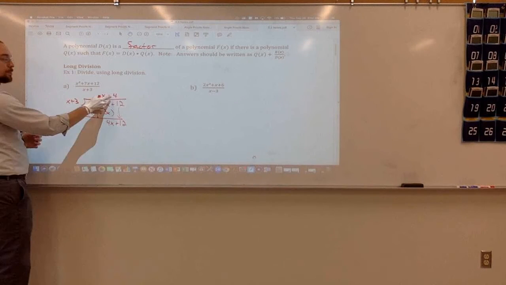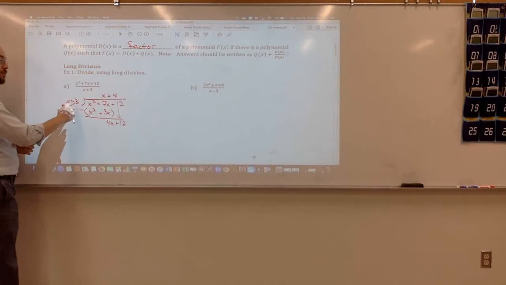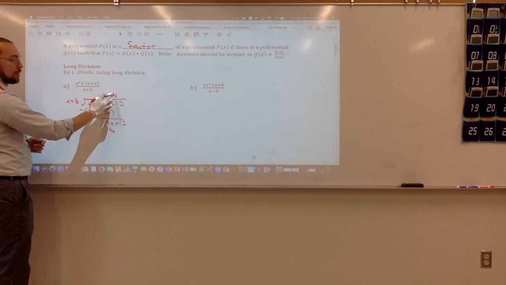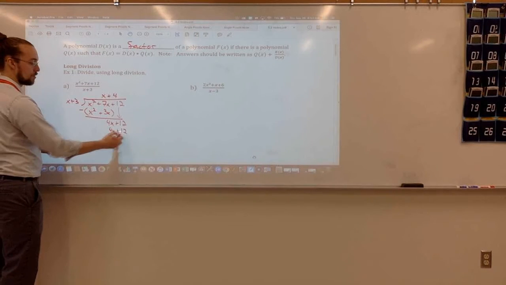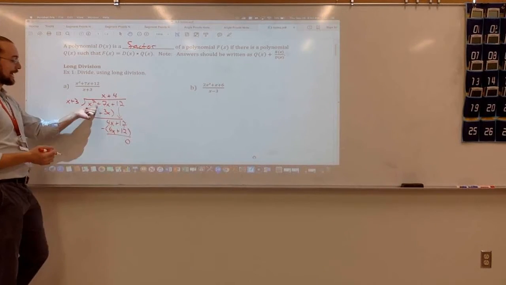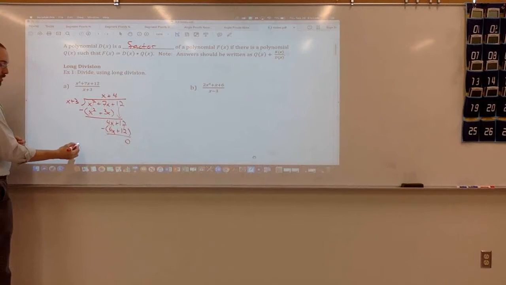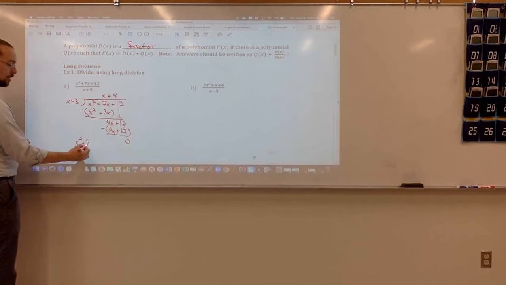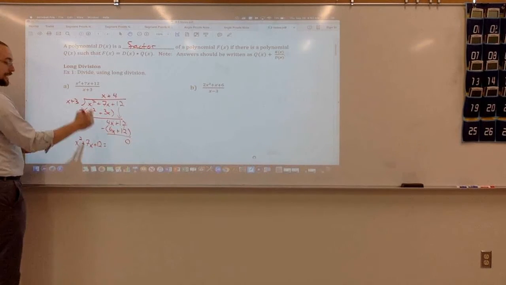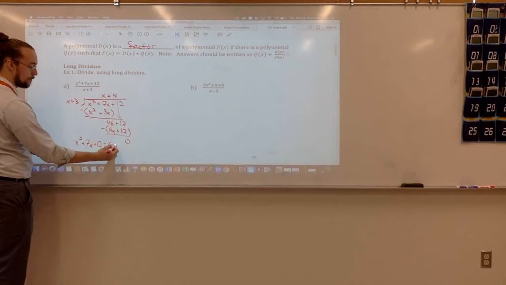Now I multiply 4 times x and 4 times 3. So 4 times x is 4x. 4 times 3 is 12. And we subtract. Here, both of these cancel out, and we just get nothing left over. So what we have determined here is that I can rewrite x squared plus 7x plus 12 as x plus 3 times x plus 4.